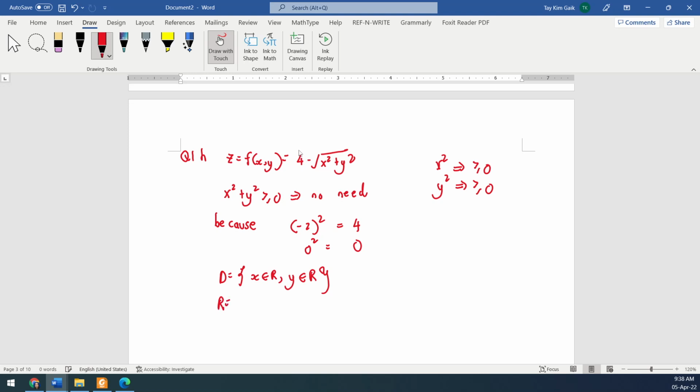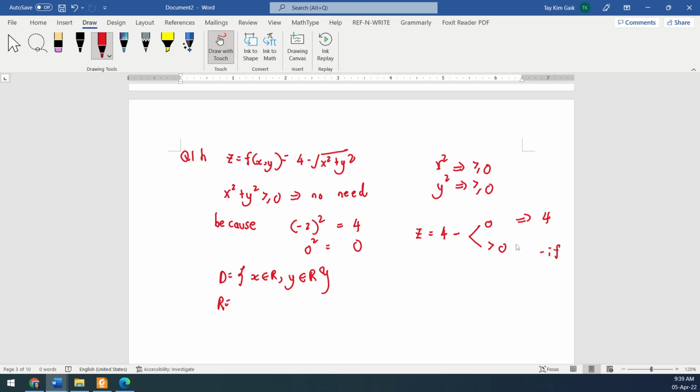Here 4 is positive. Your z has 4, and the square root function here can be 0 or greater than 0. So 4 minus 0, the result is still 4. 4 minus something greater than 0 may give a negative value, because as long as the number is greater than 4, let's say 4 minus 5, you get negative.